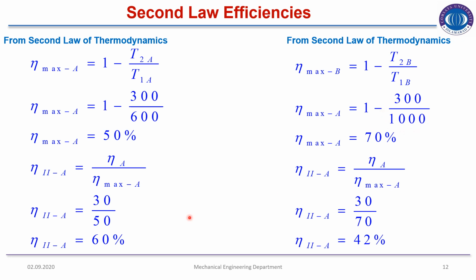That means heat engine A is more efficient than heat engine B because both are producing the same amount of work, and the source temperature for heat engine A is 600 and heat engine B is 1000. So we have to supply more energy to maintain the source temperature, and the efficiency for heat engine B is less than heat engine A.